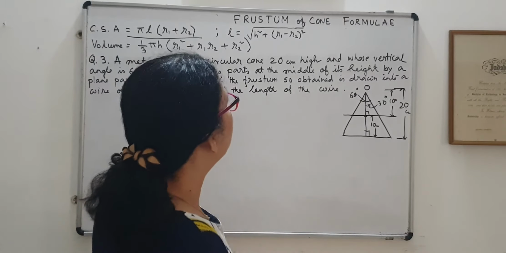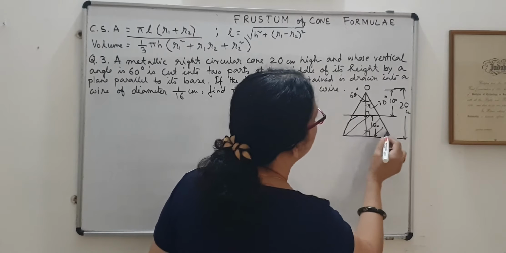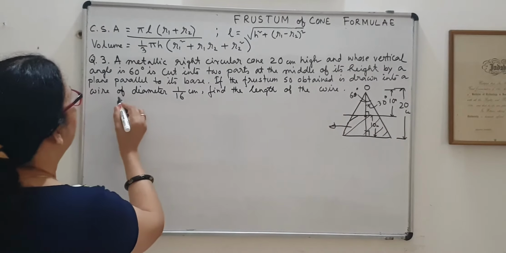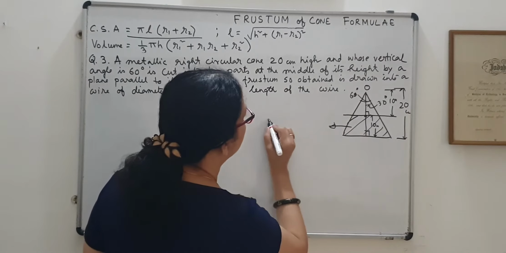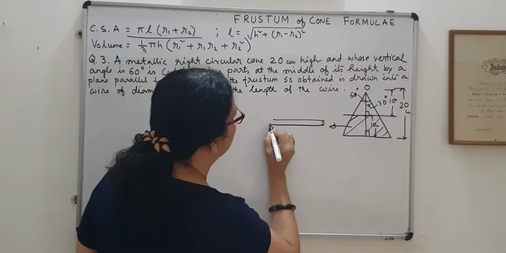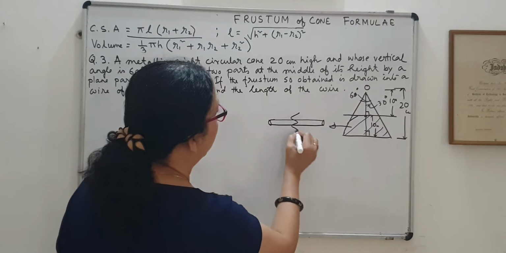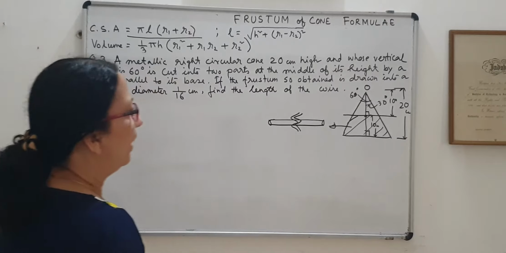If the frustum so obtained, that means this is the frustum, is drawn into a wire, that means with this frustum a wire is drawn. It is a very long wire.